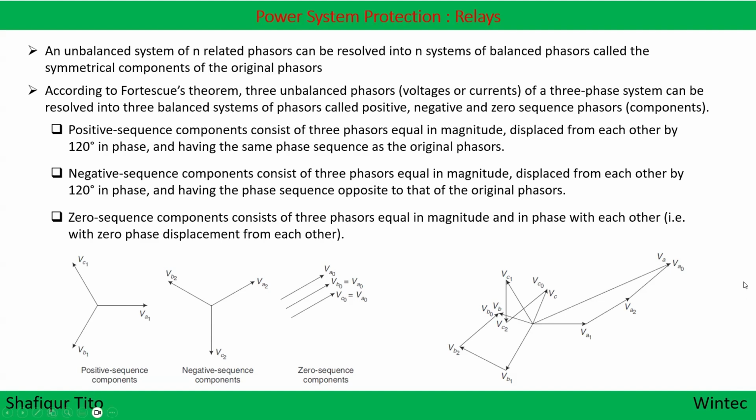Previously, it might be working as a balanced system, but when a fault happens, it becomes an unbalanced system. That means I might have a scenario where, you can see VA, these vectors are not equal. So you can see here these vectors, I can just use this one, probably that will help.